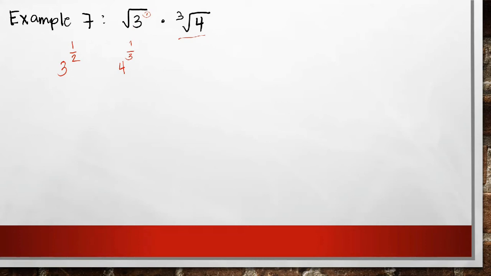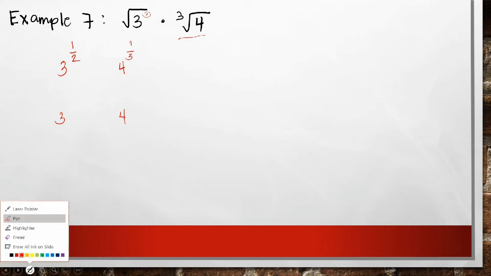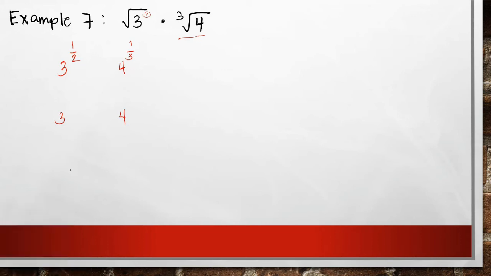How do we do that? We need to get their LCD. For the bases 3 and 4, the LCD of the exponent denominators is 6, because it is a common multiple. Therefore, the new denominator is 6.